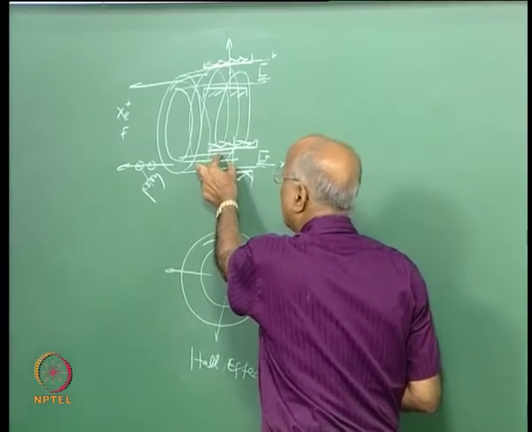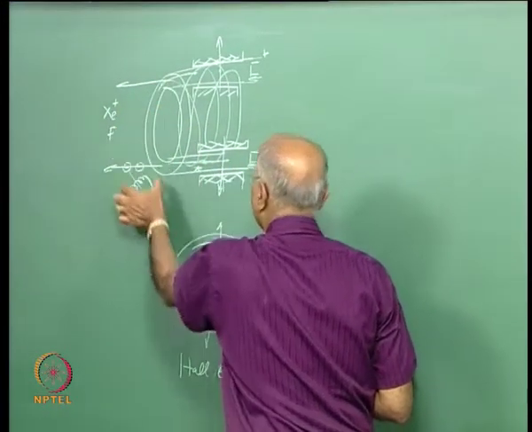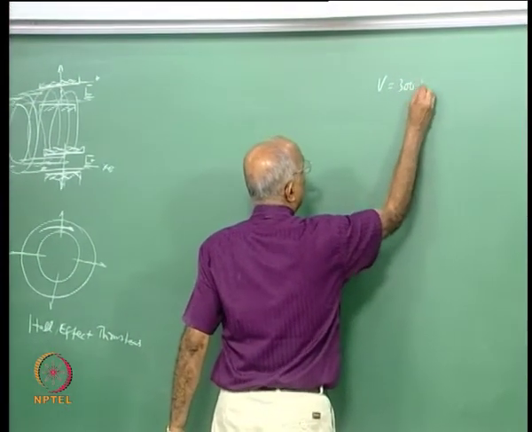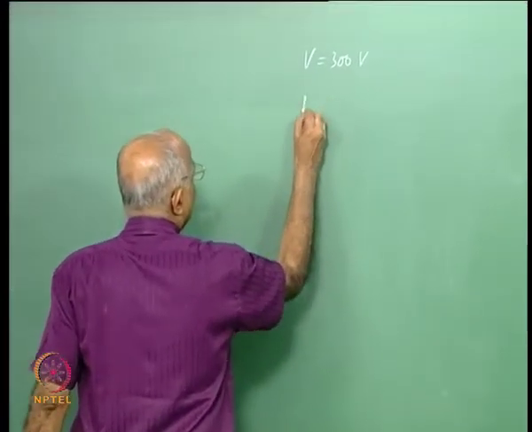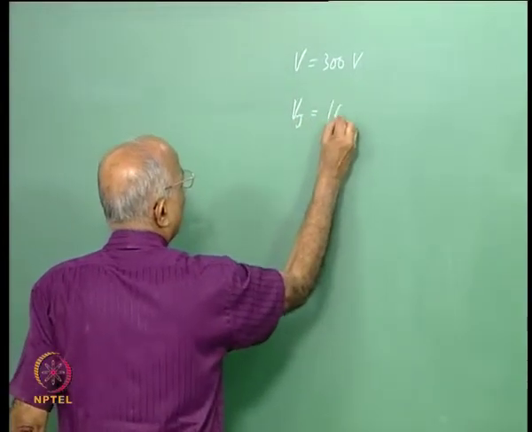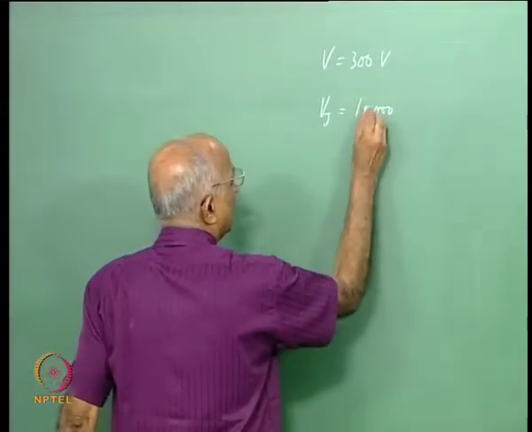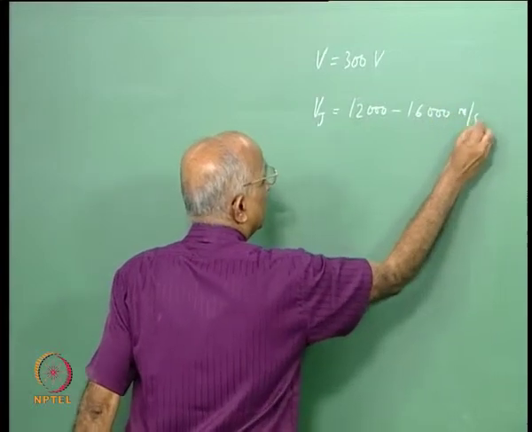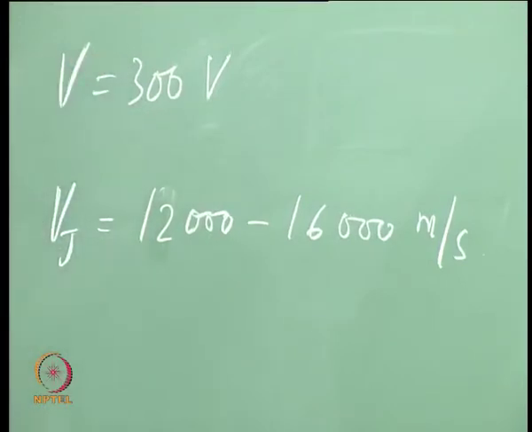You do not have the problem of any sputtering here, and it is an easy thing which I can use, and I use a low voltage of around 300 kV, 300 volts I am sorry, and there is no question of a gap, and the Vj I get is somewhat lower, of the order of let us say 16,000 compared to 24,000, maybe let us say 12,000 to 16,000 meters per second. But even though I get a smaller value, I use much lower voltages, and this is what is known as a Hall effect thruster.